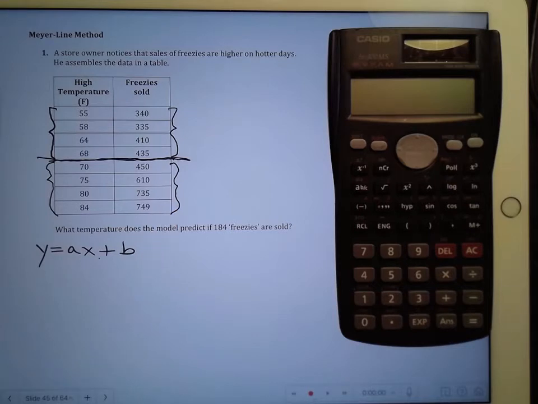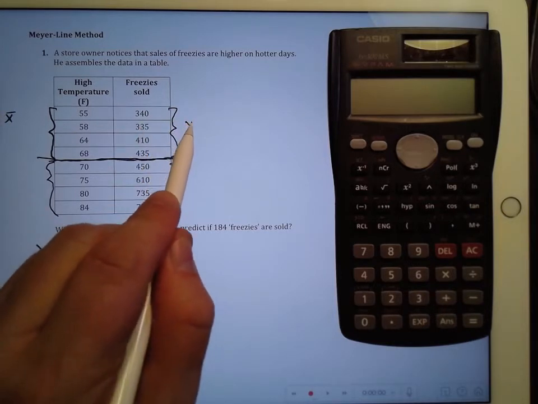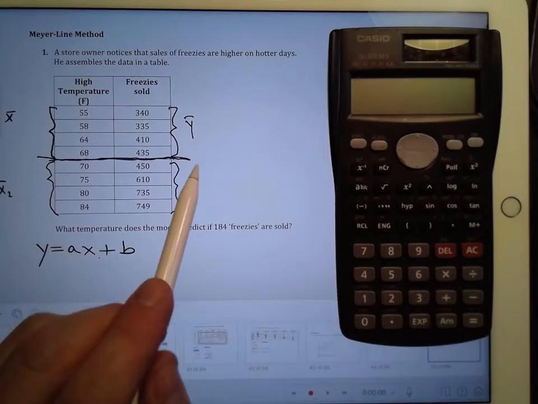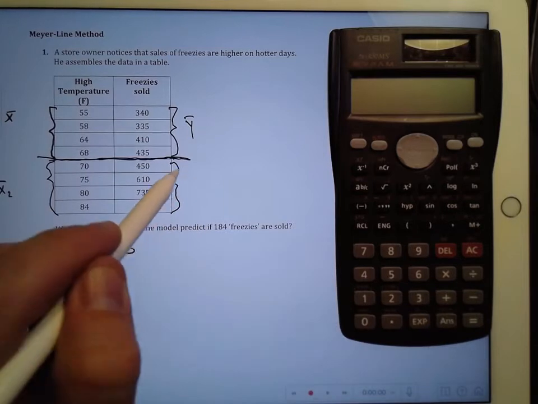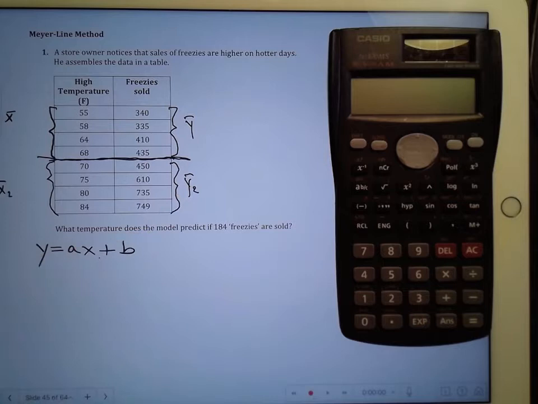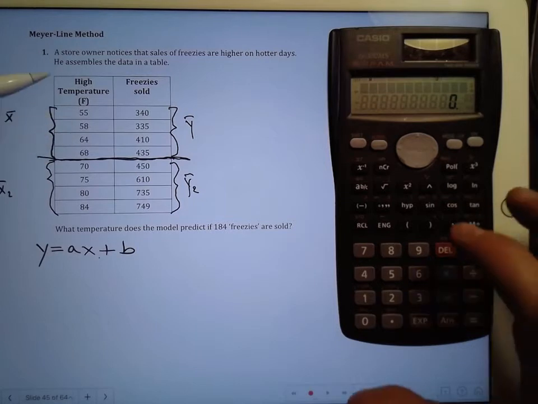And the next step is to calculate the average x over here and the average y over here, which we'll use as an ordered pair. And then the same thing down on the bottom. We'll do an average x over here and call that x2, and an average y over here and call that y2. So it's just a matter of doing some quick calculations here in order to get these averages.